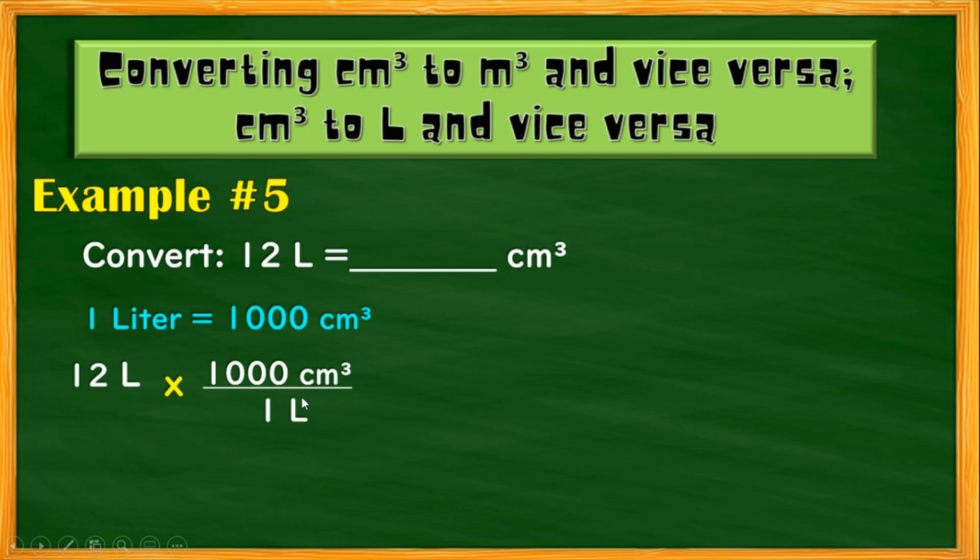I write liter in the denominator because we're going to convert the liter to cubic centimeter. So we can cancel out liter. Now 12 multiplied by 1,000, the answer is 12,000. Then divided by 1, the answer is 12,000 cubic centimeter. So that would be the answer.